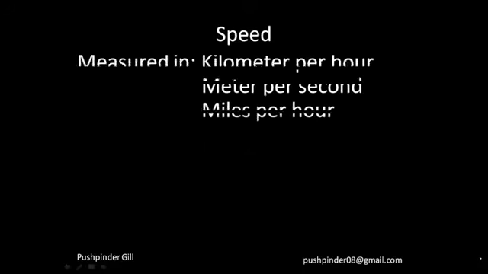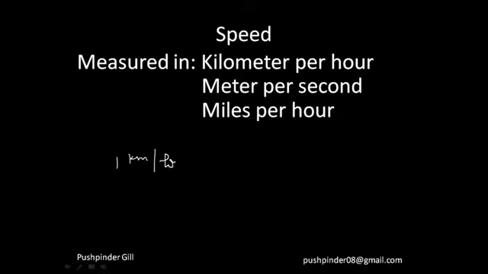Speed is measured in kilometers per hour, and it's measured either in meters per second or miles per hour. Most of the time you'll be required to convert kilometers per hour into meters per second. So there's a way here. 1 kilometer is equal to 1000 meters, and 1 hour is equal to 3600 seconds.